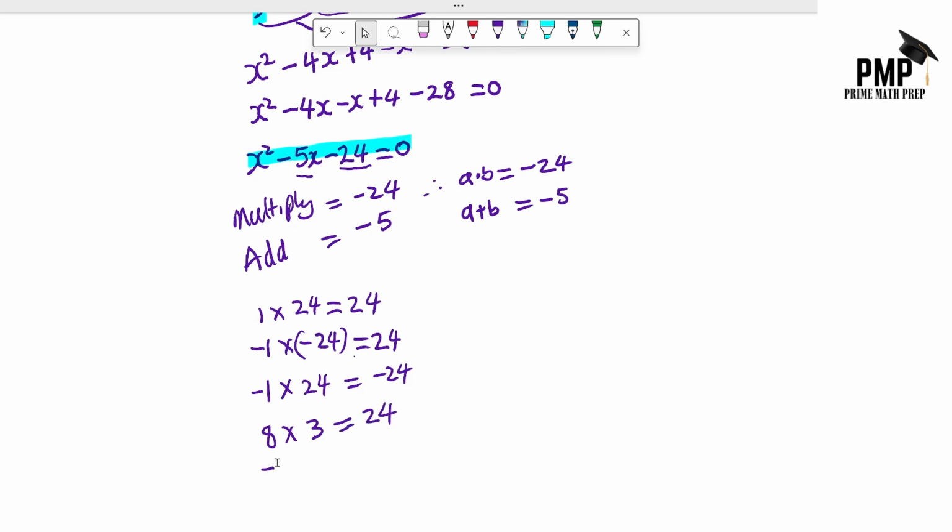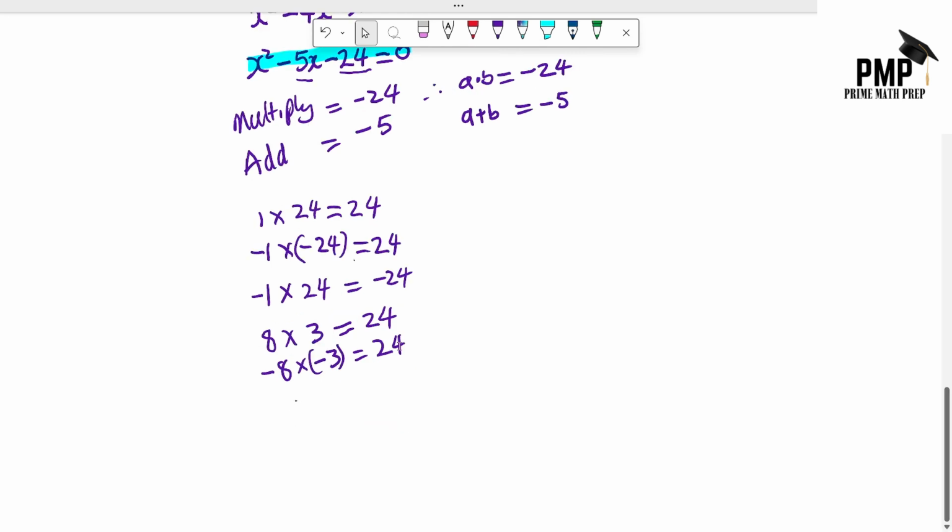Negative 8 times negative 3 is still 24. We are looking for two numbers, but negative 8 times 3 is equal to negative 24.